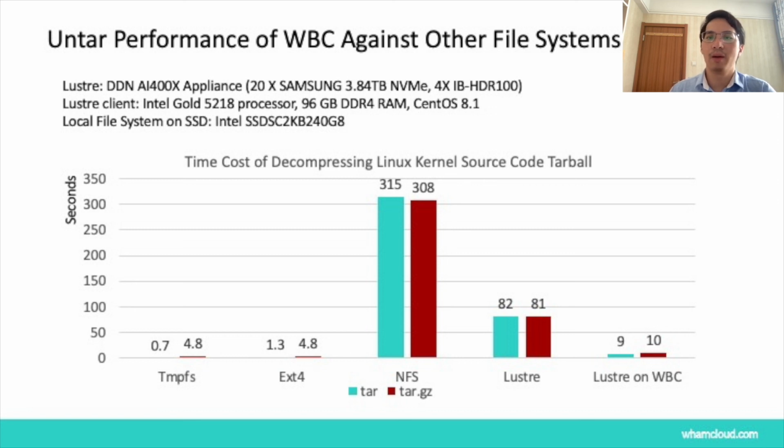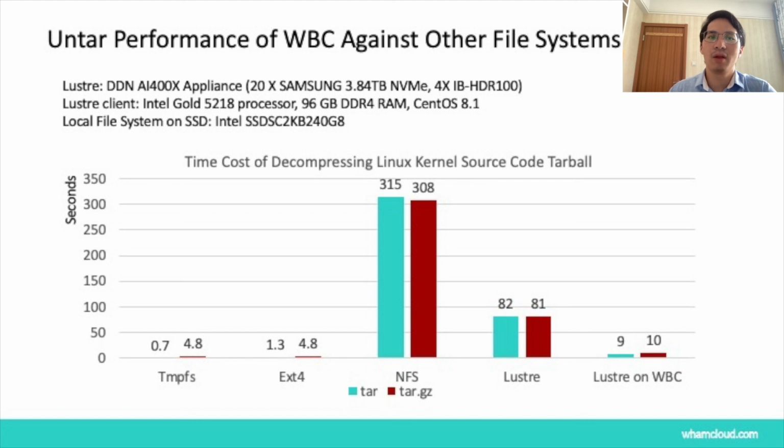It is not very surprising for a network file system, because decompressing a tarball means creating a lot of small files, writing a lot of small data. So Lustre does not have the best performance, but at least Lustre is doing much better than NFS.